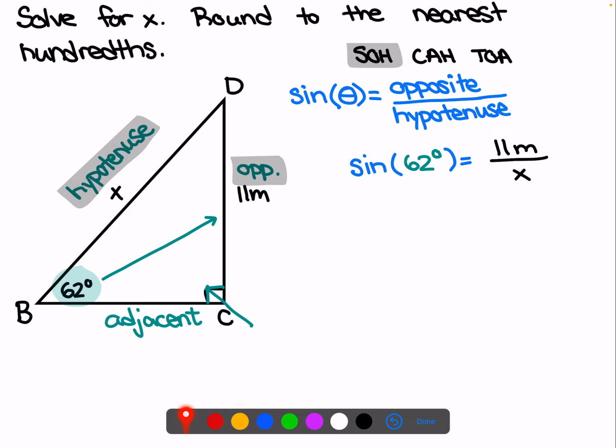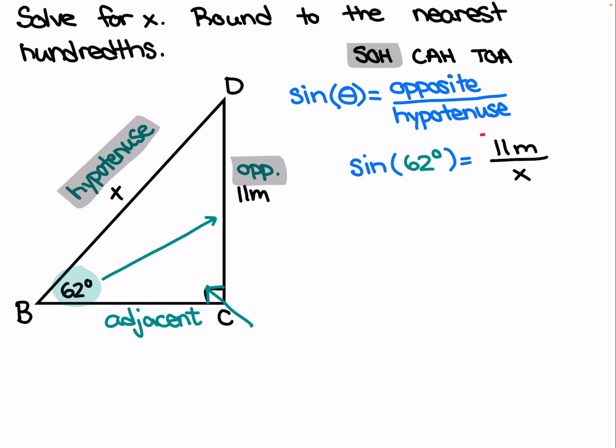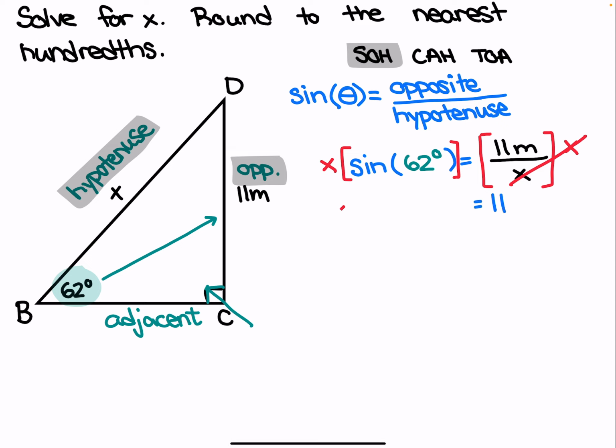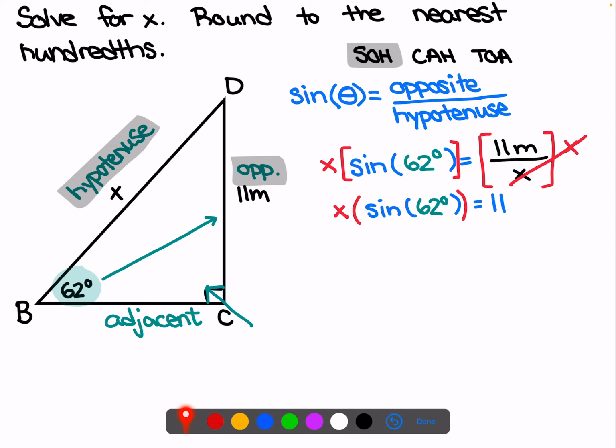From here, we can solve for x. Now, in order to do that, the first thing that we would do is we would multiply both sides by our denominator, x. That will leave us with x times sine of 62 equals 11. At this point, we're going to go ahead and get x isolated.